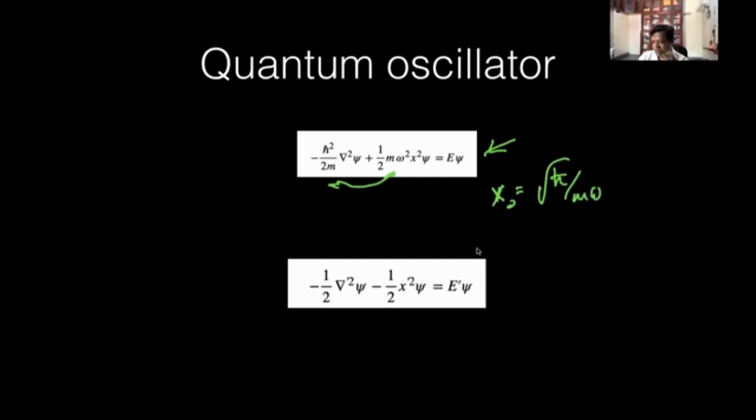If you non-dimensionalize using that length scale, energy E prime is in units of h bar omega. So this is the equation. If I now use these two scales of the system, I will get this equation. And we solve this equation in the computer. And it has, of course, exact solutions.